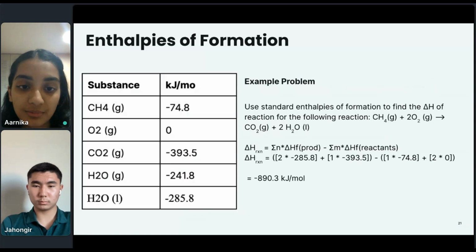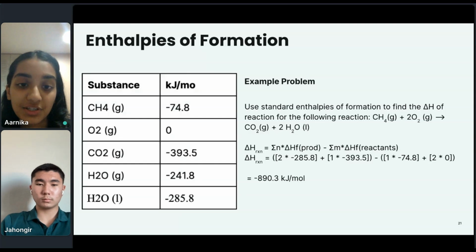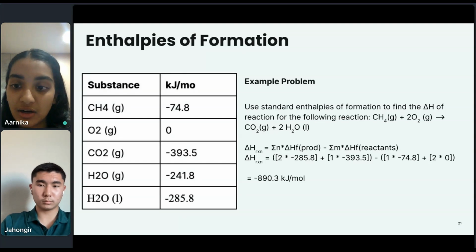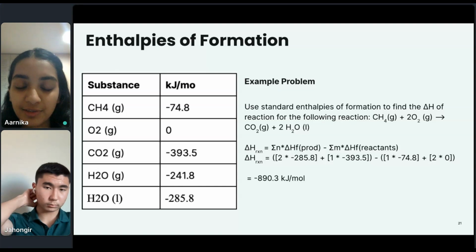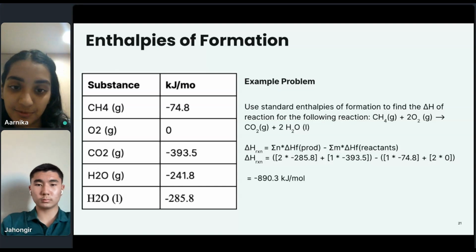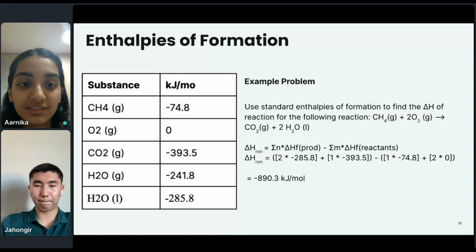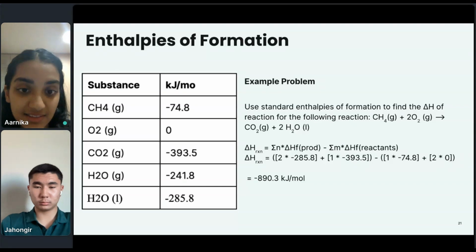Okay, so for an example problem, we want to use the standard enthalpies of formation to find the delta H of reaction for the following reaction. This is basically the same reaction as before, and then we get the table of the enthalpies of formation. For this one, remember that this is the products minus the reactants. For the products, we have CO2 and 2H2O.